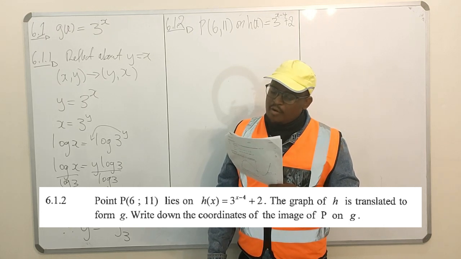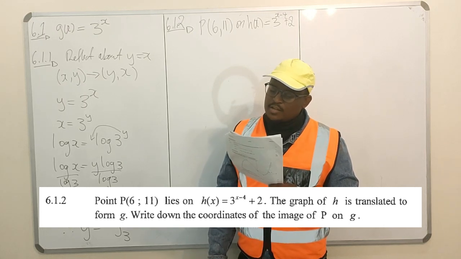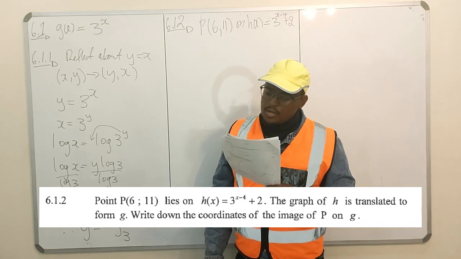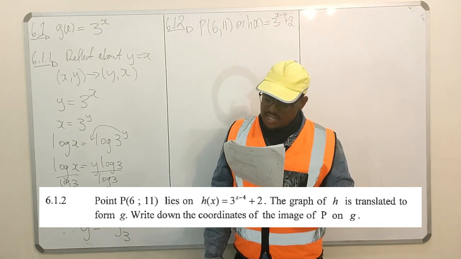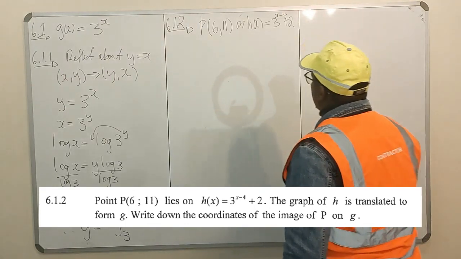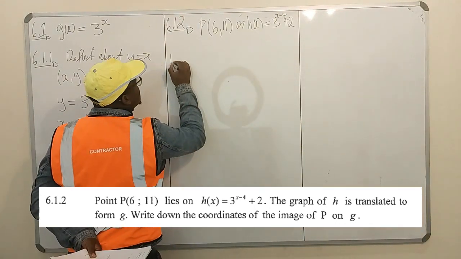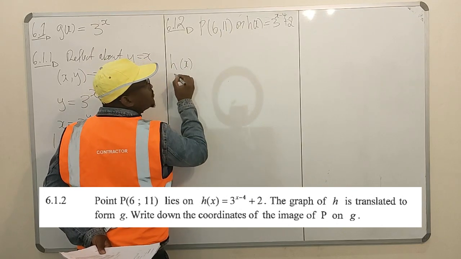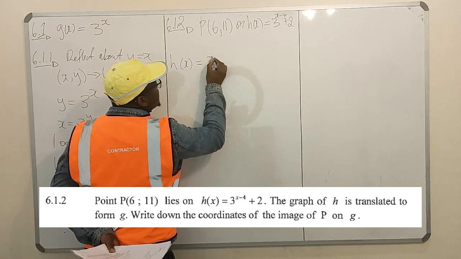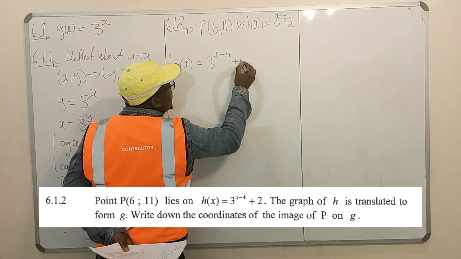The graph of h is translated to form g. Write down the coordinates of P on g. Okay, so we have h of x is equal to 3 raised to x minus 4, plus 2.